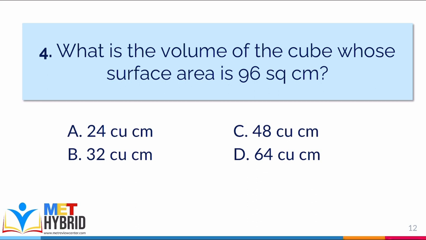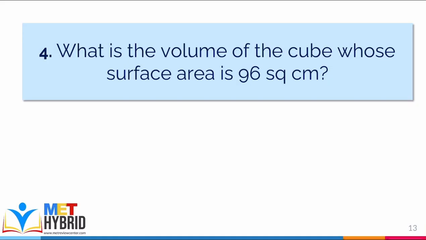Question number 4. What is the volume of the cube whose surface area is 96 square cm? We can visualize the cube this way, wherein S represents the side length. Since the volume of the cube is missing, we first look for the side using the surface area.